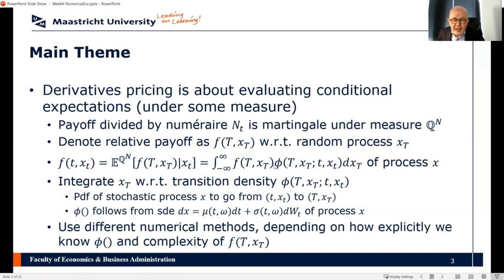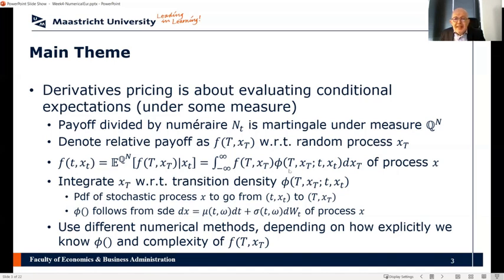And I'm using a little bit of special notation. So phi is what is known as the transition density: if my process at time small t is at value x_t, what's then the probability density of moving to every possible value x_T at time capital T? So taking an expectation is the same as integrating the payoff of the random variable x_T with respect to the transition density phi from x_t to x_T.